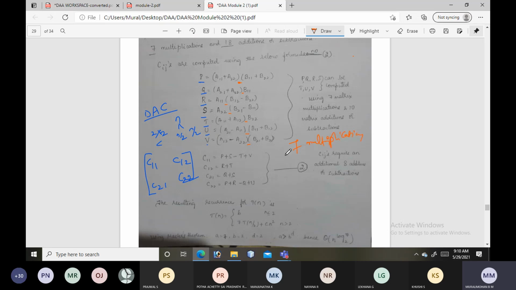7 multiplications are there, and here we just see addition and subtraction, addition, subtraction, addition, right? So we are reducing the multiplications from 8 to 7 and increasing the additions and subtractions.